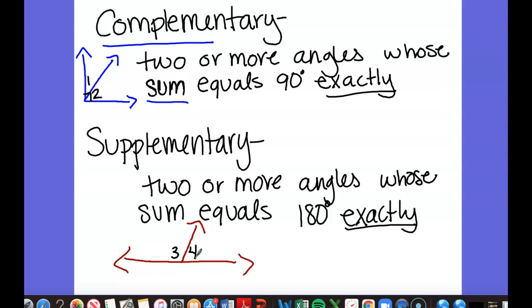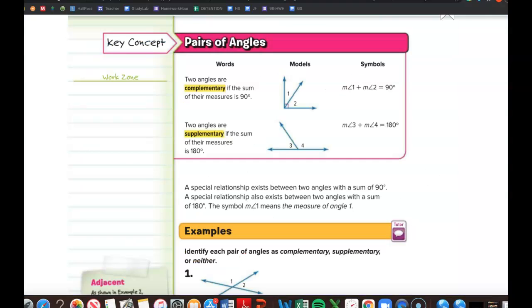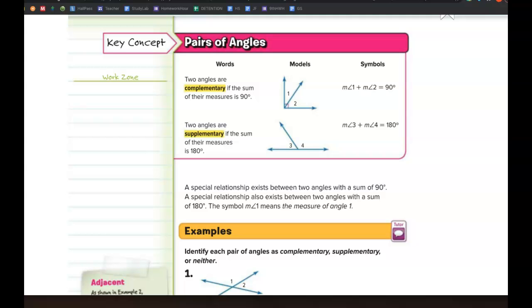Now we're going to get in your textbook on page 544. And you'll see those definitions up at the top, complementary, supplementary, and some pictures. Down here it says, a special relationship exists between two angles with a sum of 90. A special relationship also exists with two angles with a sum of 180.